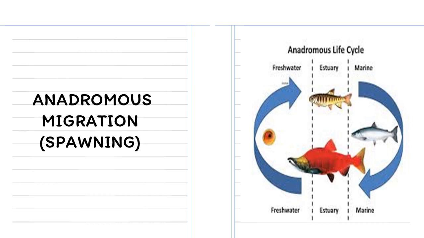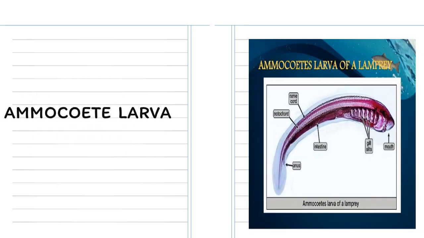This kind of movement is known as anadromous migration. Clear? Then the larva which is formed from the egg is known as ammocoete larva. The figure displayed is this ammocoete larva.